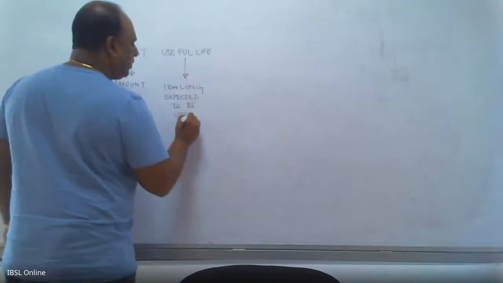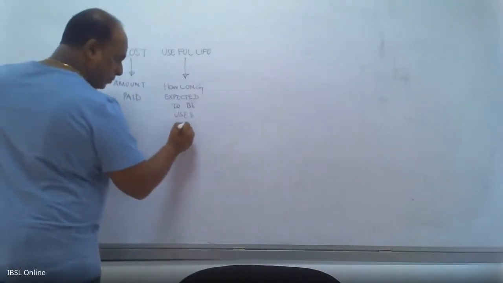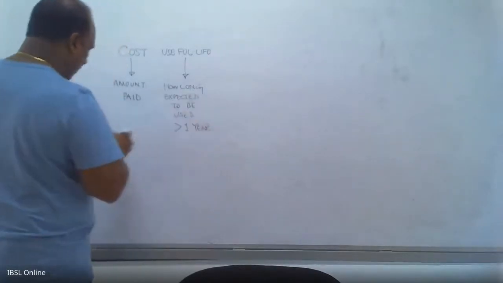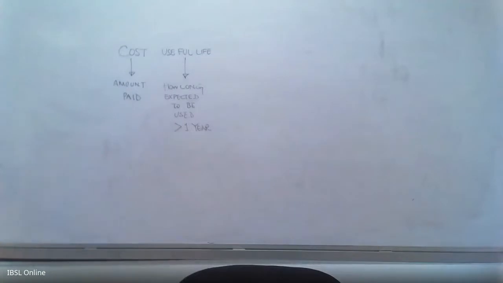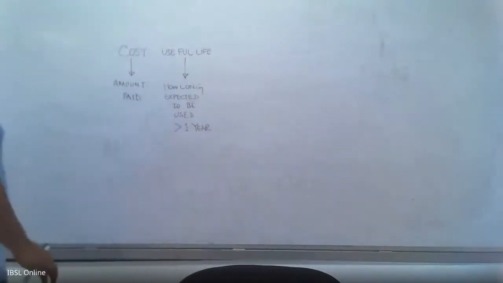So generally we say this has to be more than 1 year. Okay, that is what we learned. How you will consider an asset to be a fixed asset is where you consider that to be used for more than one financial year. That is your useful life.